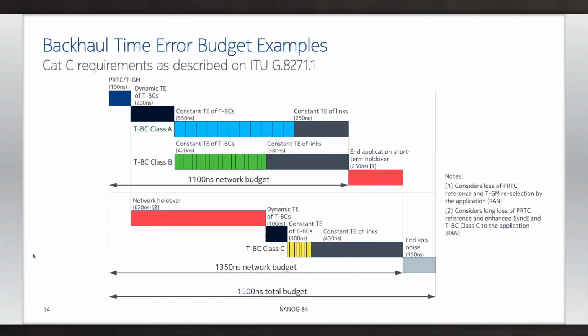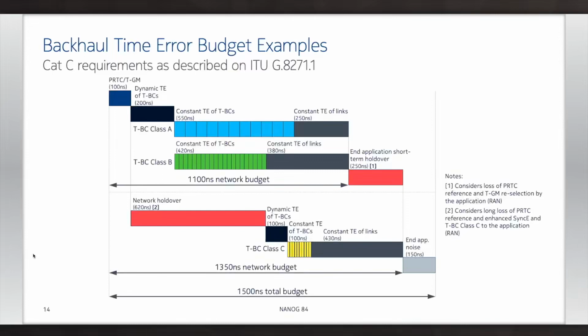In this case, you can see that there's 1100 nanoseconds all the way from the reference to the radio, because the radio is considering some budget for short-term holdover, which means if the radio loses synchronization with its reference, it can just select another reference, and that will include a time error. That is the 250 nanoseconds in red you see here on the right side. And then you have 150 nanoseconds for the radio itself.